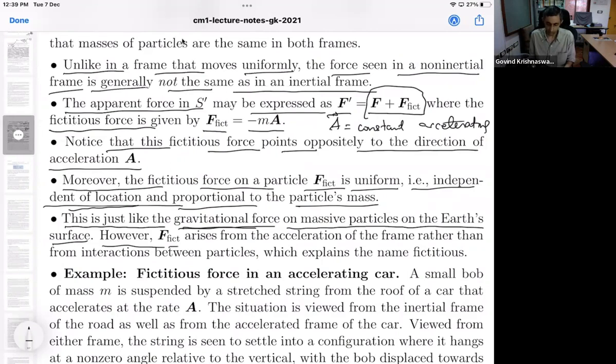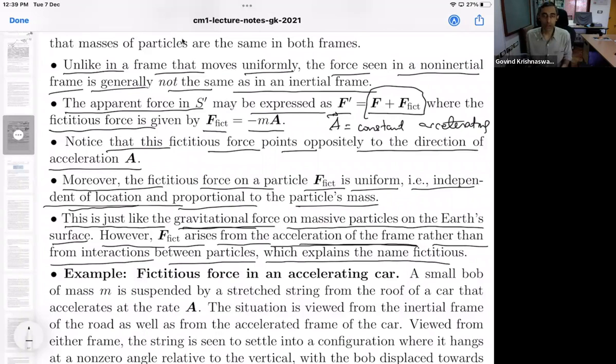However, the fictitious force arises from the acceleration of the frame. Those were the similarities, now the differences. It arises from the acceleration of the frame rather than from interactions between particles. So that is an apparent difference between the two, and for that reason, we give it the name fictitious force. That's just the reason for the name.